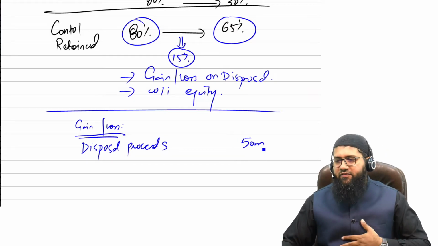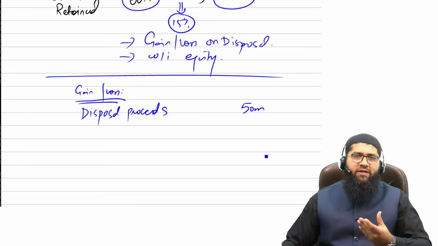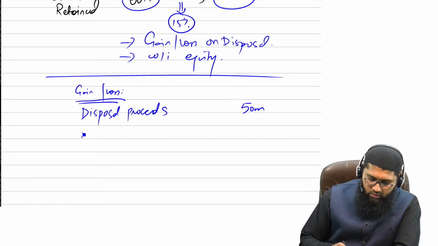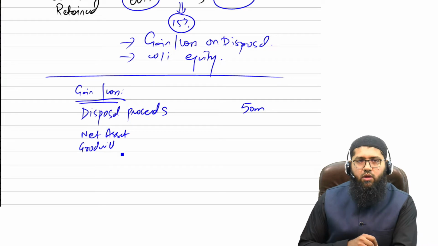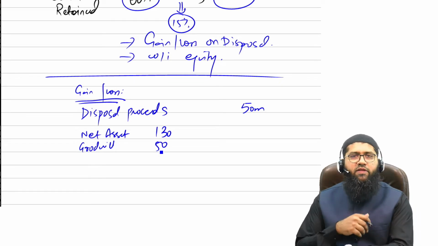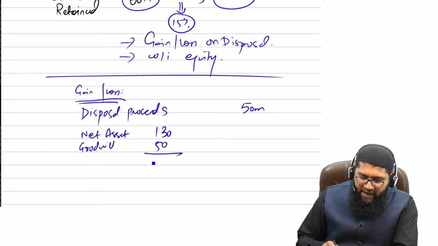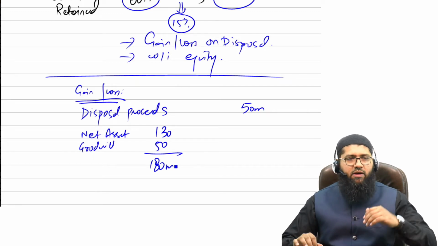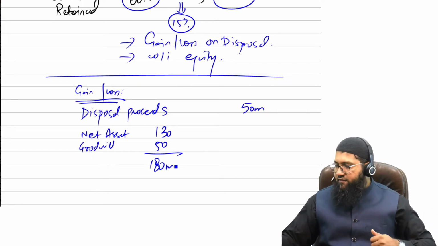You have disposed of a 15% holding, and the disposal proceeds you have got are 50 million. The net assets and the goodwill need to be established. Let's say 130 million is the net assets and 50 million is the goodwill of this business. So 180 million is the total amount that this business has.